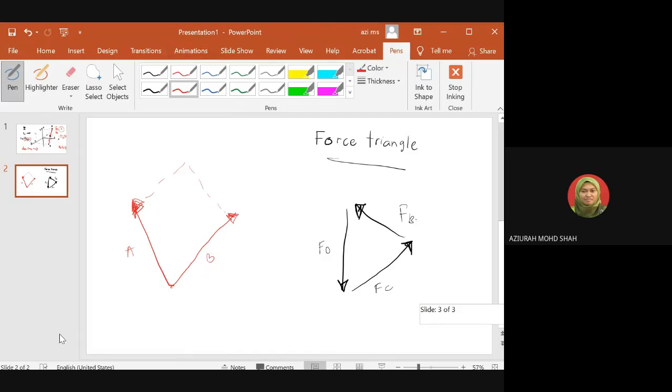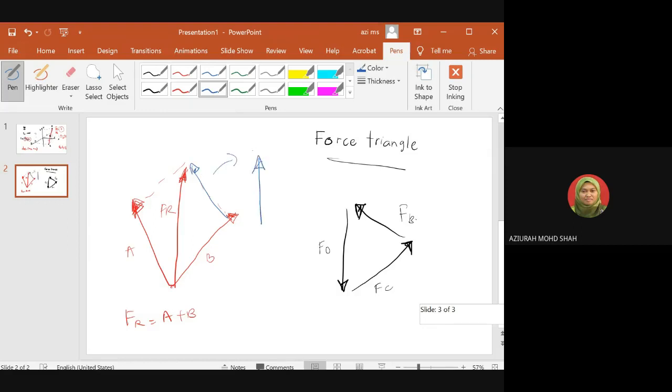But for the force triangle, remember A plus B is not as simple as A added to B, meaning we have to find the X and Y components. Here you have FR, and we construct the triangle based on it.